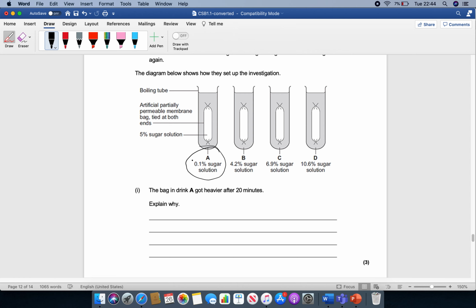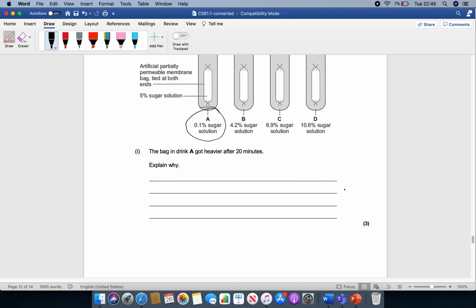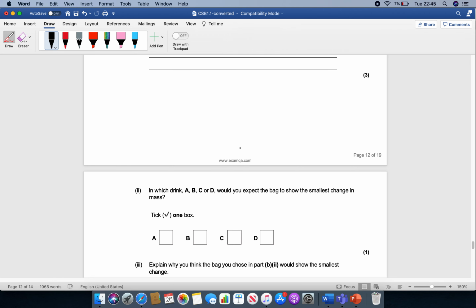The higher concentration of water which is outside the bag, or you can put the drink or the boiling tube, there it happens by osmosis. It will just get heavier after 20 minutes because of the osmosis of water absorption. So the water is moved in by osmosis, and that will give you 3 marks. The osmosis word is key over here.